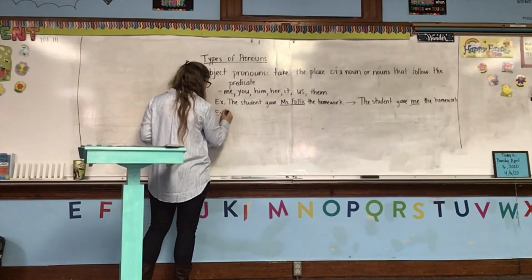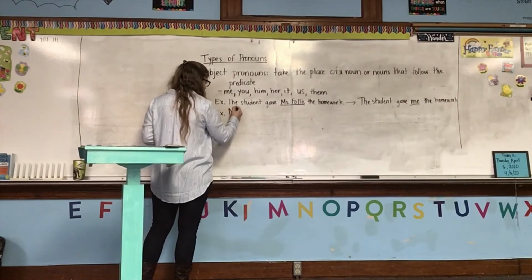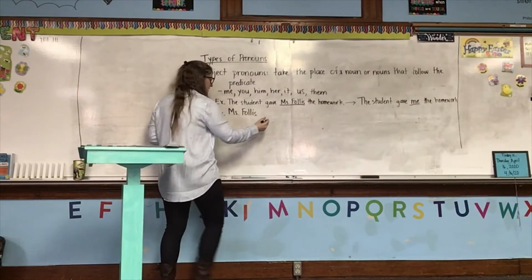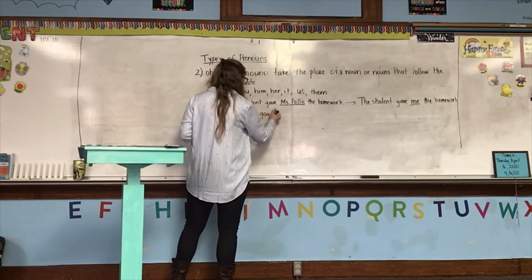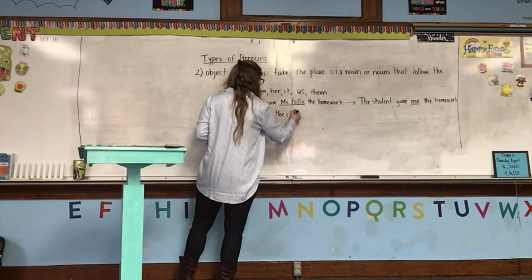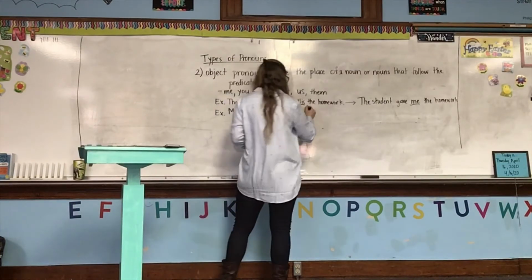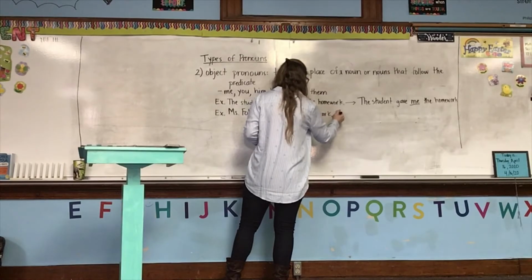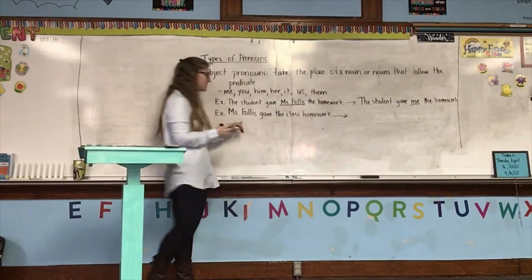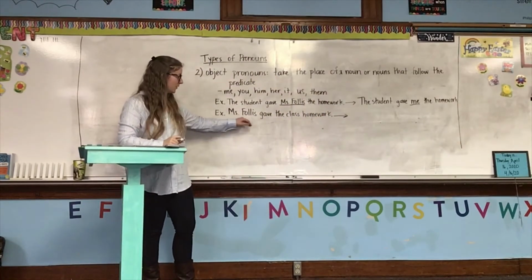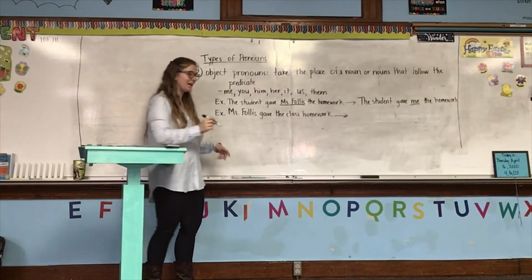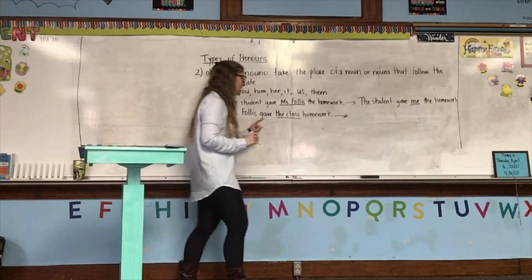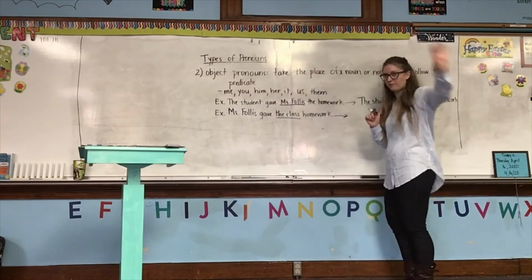Now, Miss Folis gave the class homework. Well, I'm not talking about subject pronouns, so I'm not going to change Miss Folis. We have our predicate, gave, and then we have the class. Miss Folis gave, and I'm talking about all of you.